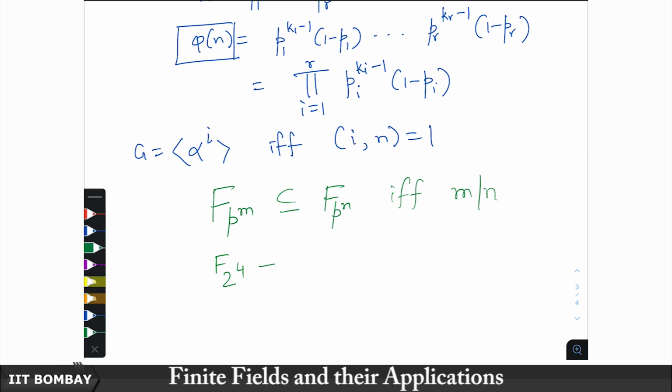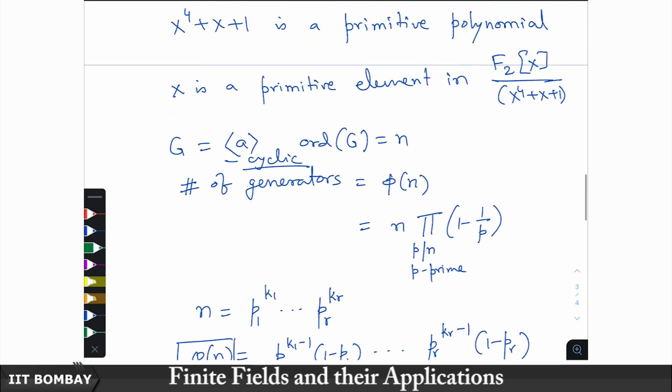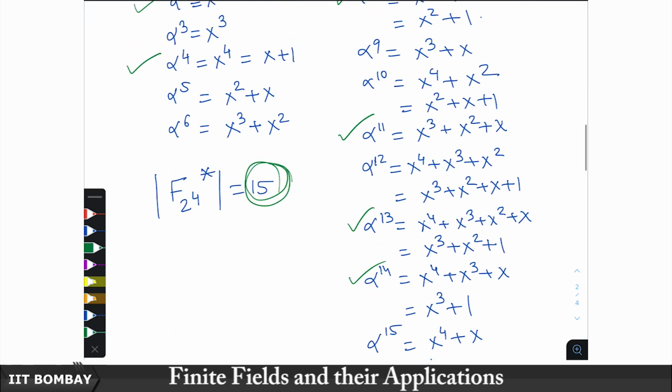So, its subfields are F2 power 1, because 1 is a factor of 4, that is F2, and F2 power 2. So, can we identify the elements of these subfields in this field as powers of alpha?